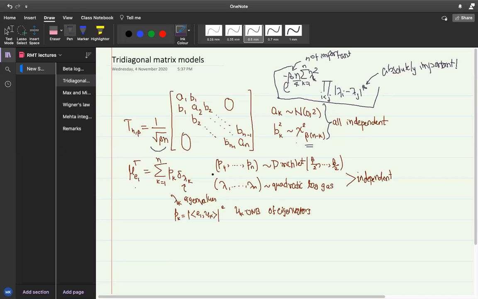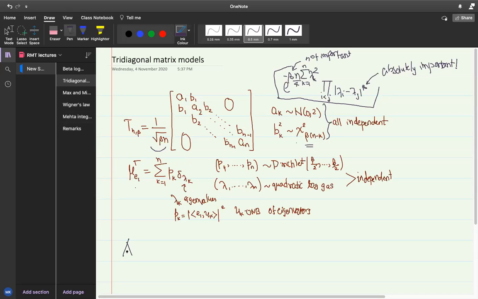Okay. So that is the statement that the eigenvalue density of this random matrix is the beta log gas with quadratic potential. But actually something more is true. It will be important. It's not just the eigenvalue density. There is something called the spectral measure.